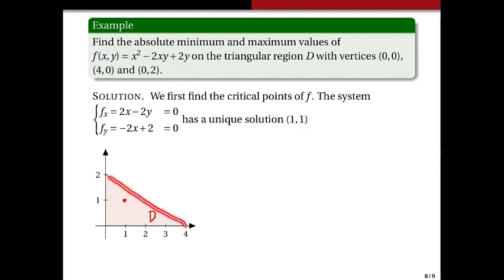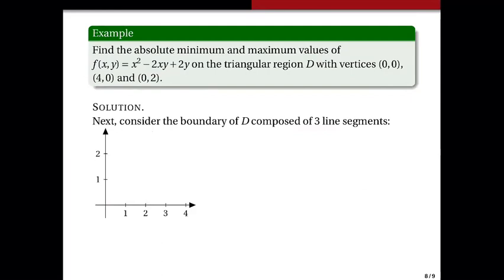It means you look at this line, this line, and this line, and then you compare what point or points give the absolute minimum and the absolute maximum values. So let's see. You have the point (1,1) there, and it's inside your domain D. Great. Next, we consider the boundary of D composed of the 3 line segments.